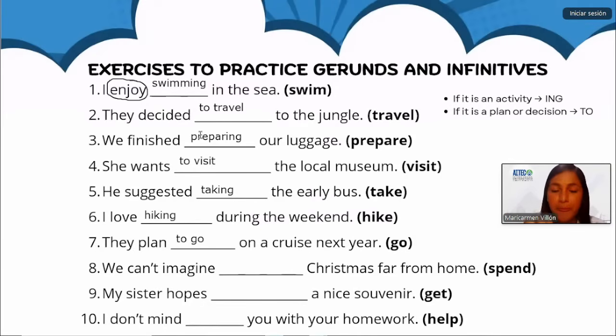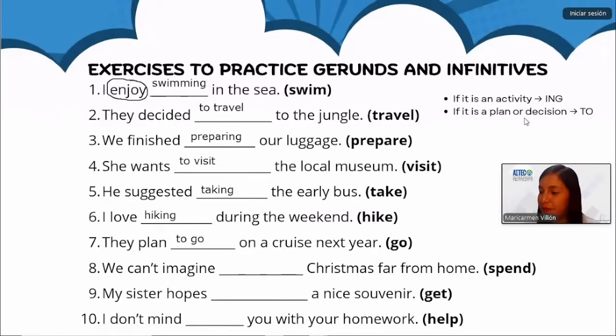We have 3 more. We can imagine Christmas far from home. Are we going to use the gerund? We can imagine spending Christmas far from home, or we can imagine to spend Christmas far from home.